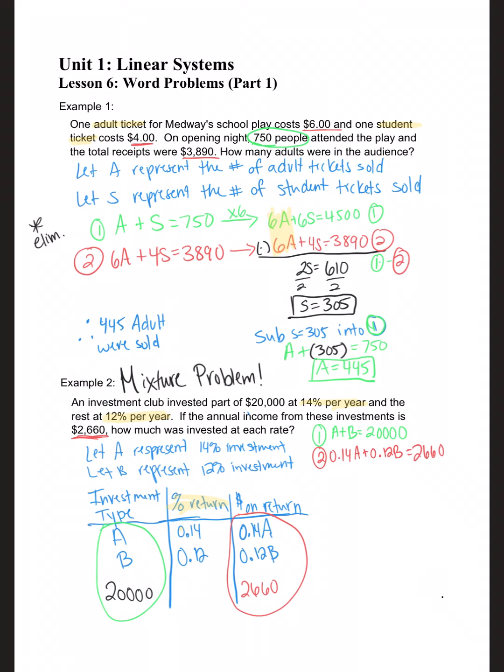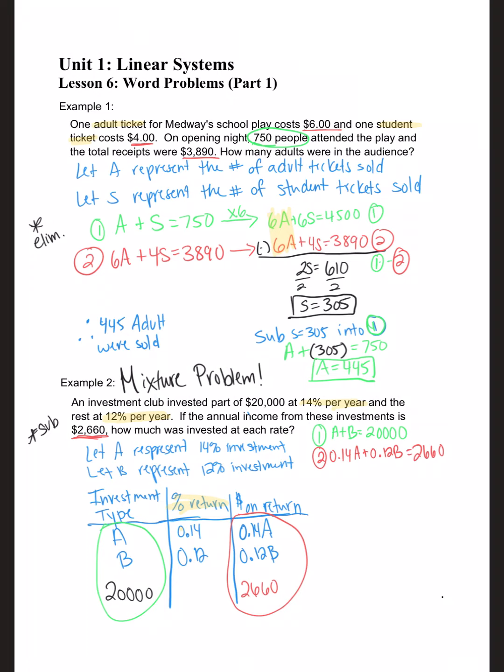Okay, so we can decide if we want to use substitution or elimination. Because we'd have to multiply by decimals to use elimination, I'm going to use substitution because I think it's easy to rearrange one of these equations for A and B. All right, and I'm going to just communicate what I'm going to do here.